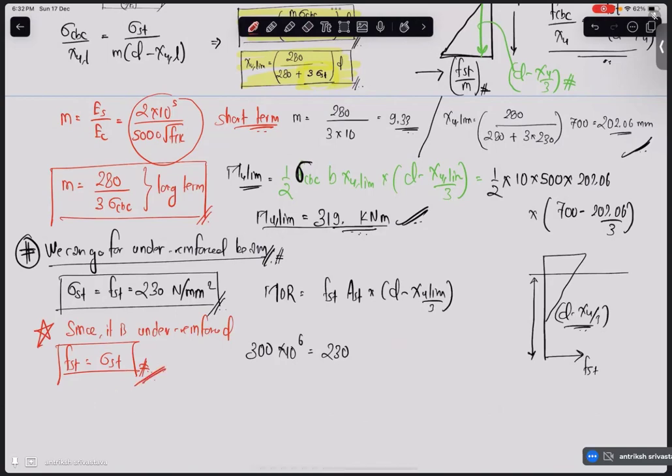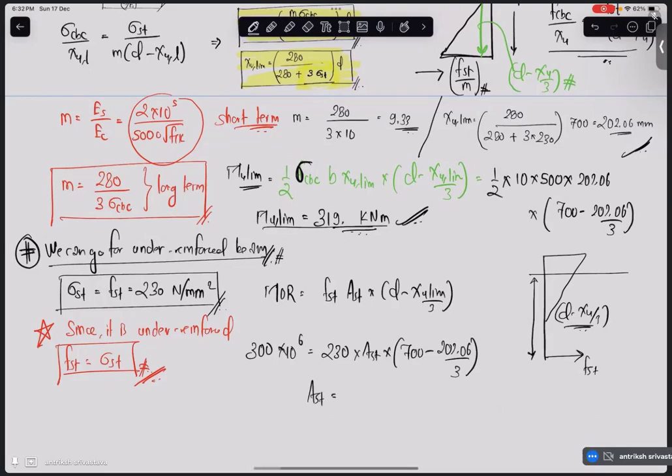Just remember this. Okay, so 230 into AST, change the color, into 700 minus XU limiting, that is 202.06 divided by 3.